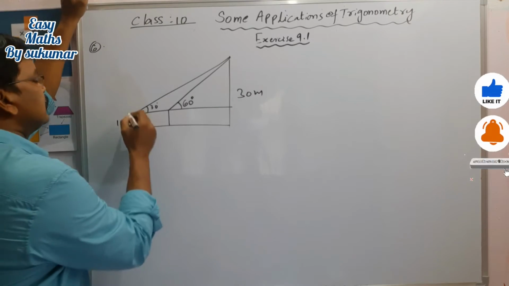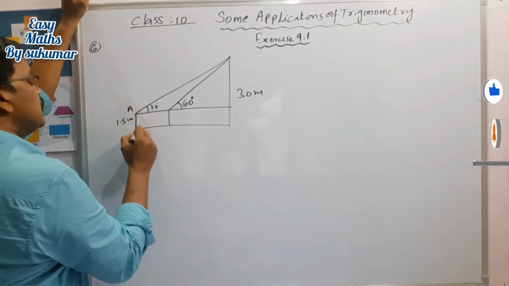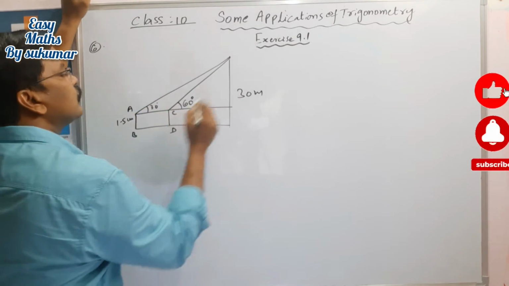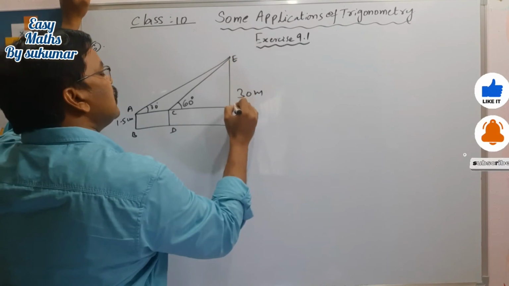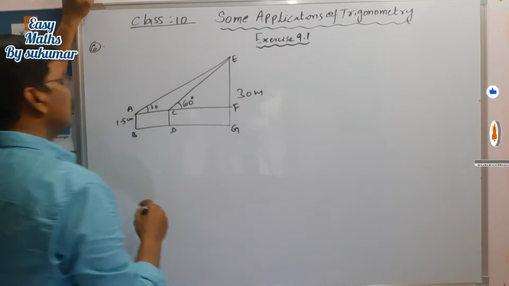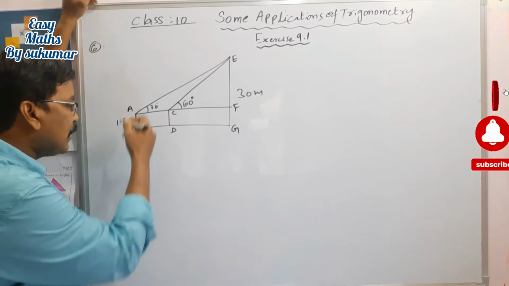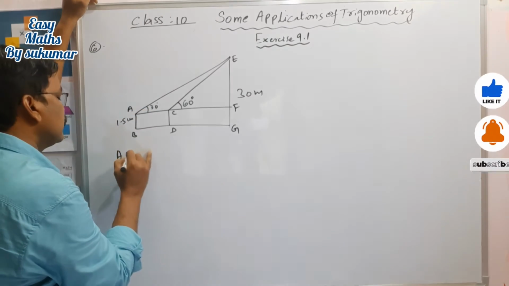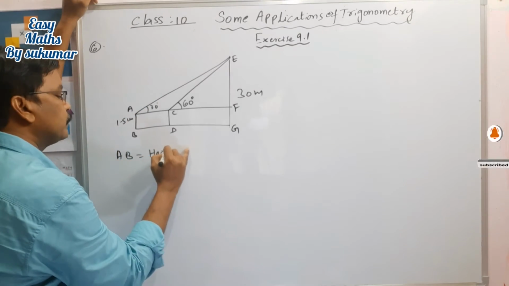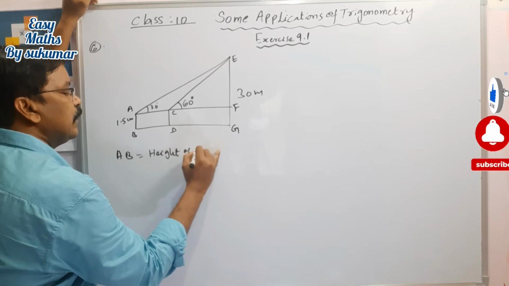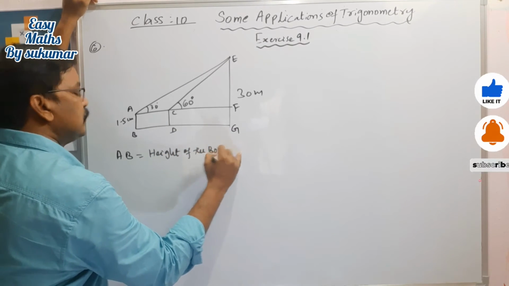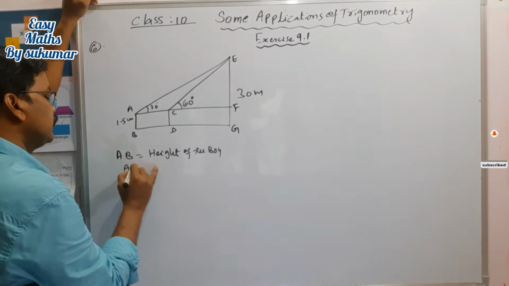Let me write first. This is AB, CD, this is EF, G. Here AB is the height of the boy. This AB is also equal to CD, no?